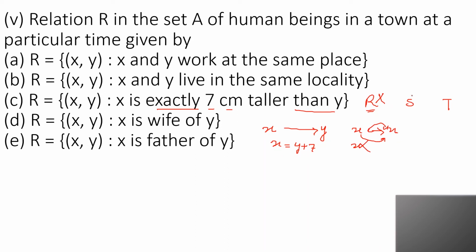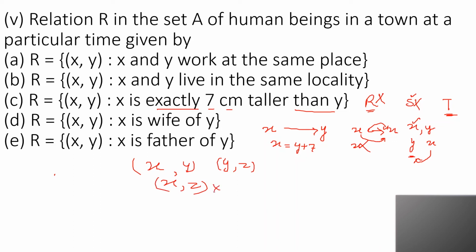Next is symmetric. Symmetric means if x is related to y, can we say that y is also related to x? If x is 7 centimeter taller than y, can we say that y is also 7 centimeter taller than x? No, therefore it is not symmetric. Next, transitive. If x is related to y and y is related to z, can we say that x is related to z?